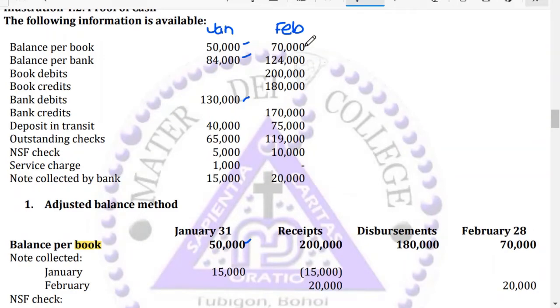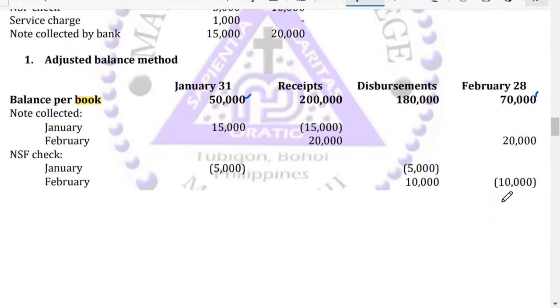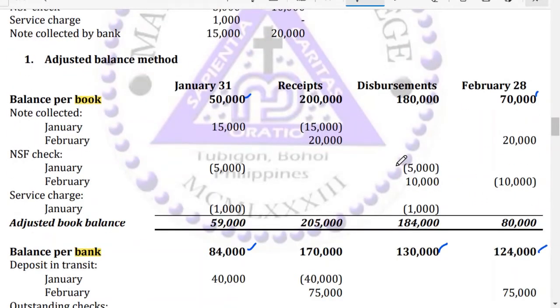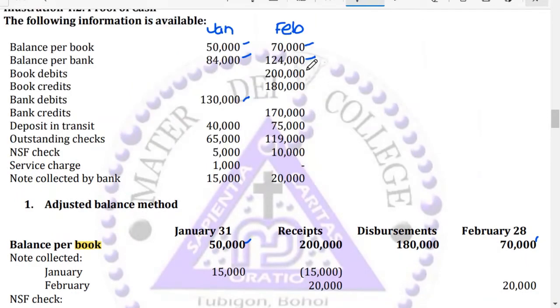Balance per book, February. Okay, so here, 70. Next, balance per bank, February. So here, 124. Next, book debits. If it's on the book, that is a receipt.